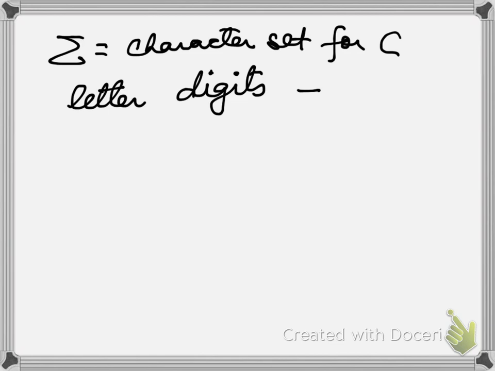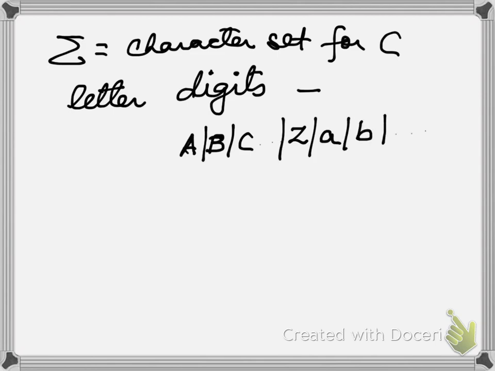So let us now have different classes for each of these. So our letters can be our capital letters A, B, C up to Z, or it can be small letters a, b up to z. So this entire regular expression, A or B or C and so on, all of this is a regular expression. This we can put together in a symbol called letter.